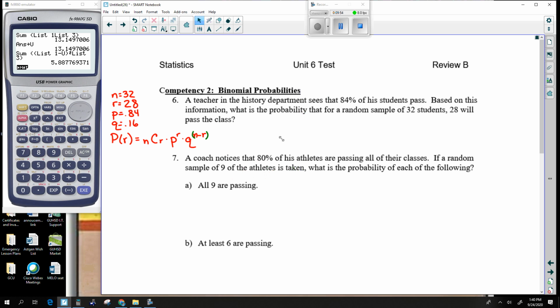So what does that mean in this individual problem right here? That means nCr, p to the r, q to the n minus r.